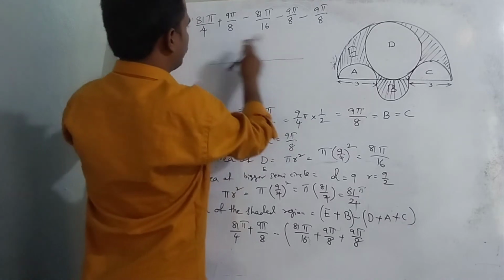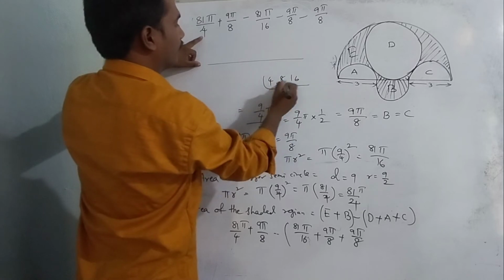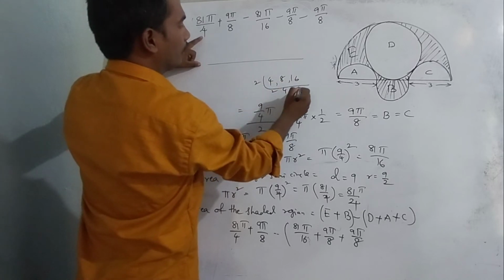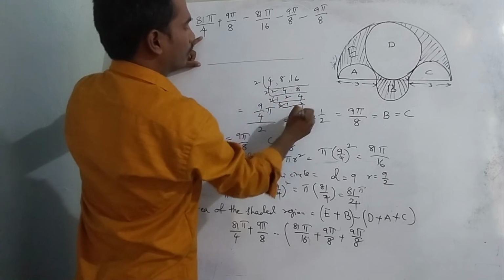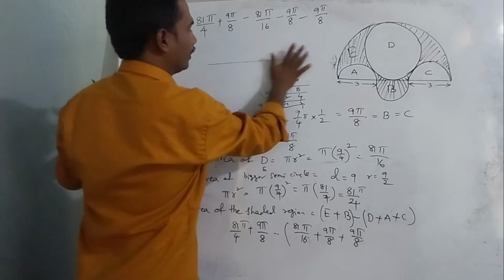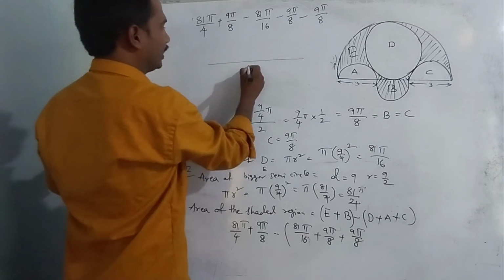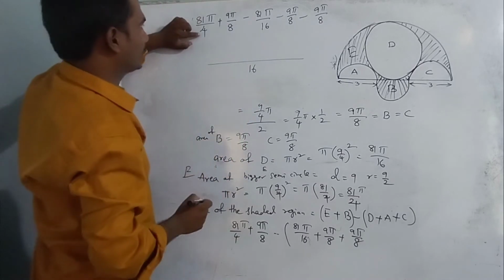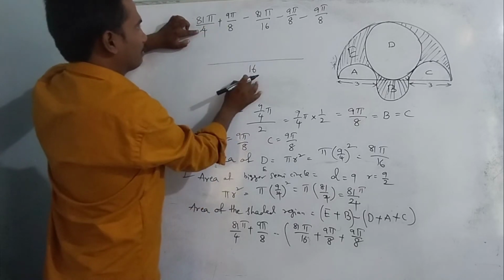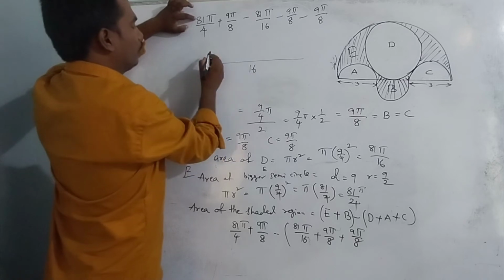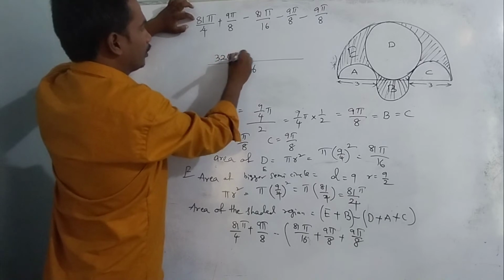So for all the denominators 4, 8, 16, the LCM is 16. Make the denominator 16. To make the denominator 16 here, multiply 81 by 4, then 4 4s are 16. So 4 into 81 is 324 pi.